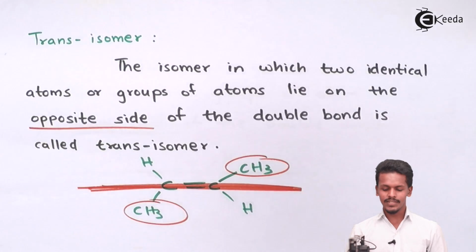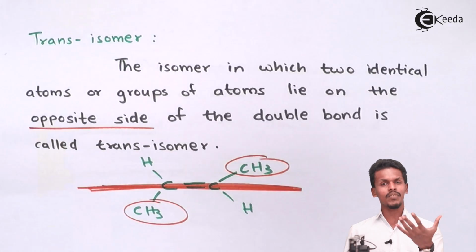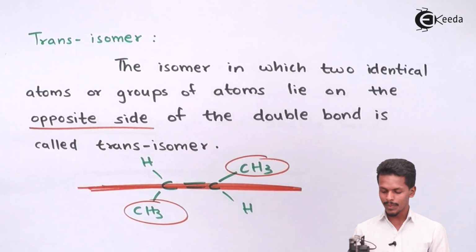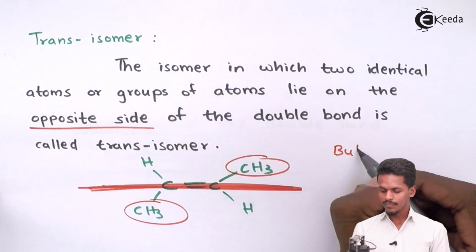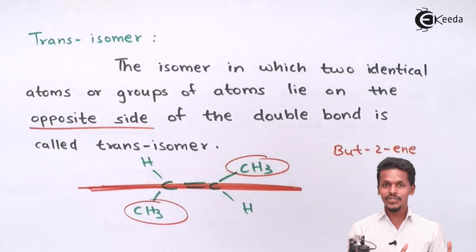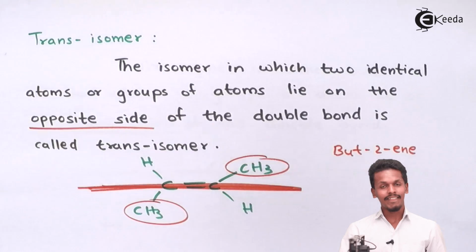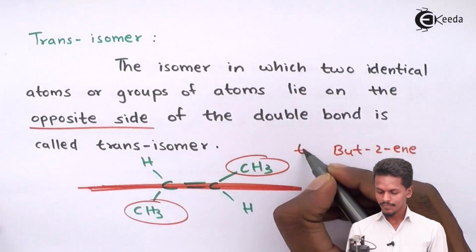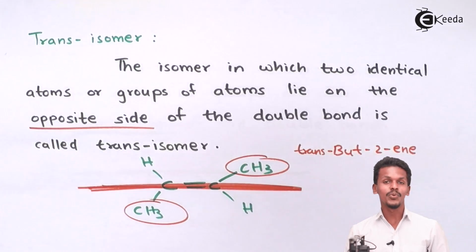But talking about the name of this according to the IUPAC name, this would basically be butene. But if you specify the geometry of this molecule, then this would be found to be trans-butene.